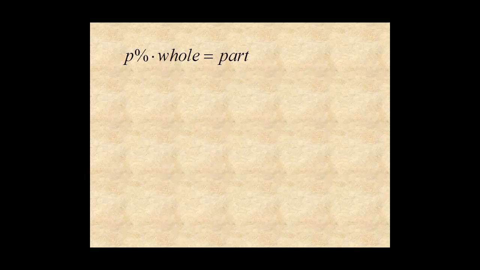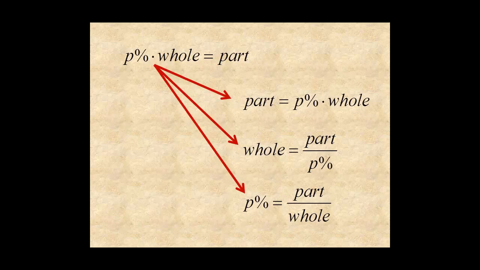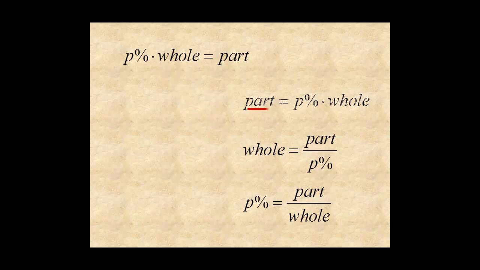Since the mathematical model for percents has 3 variables, there are 3 types of questions you can answer. Given any 2 of the values, you can find the third value. You can solve for the part, the whole, or the percent.